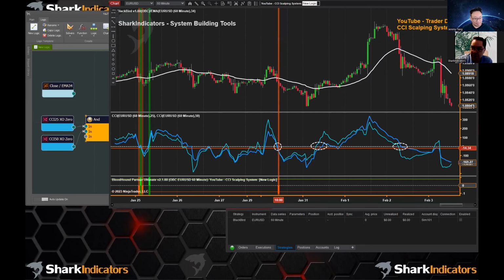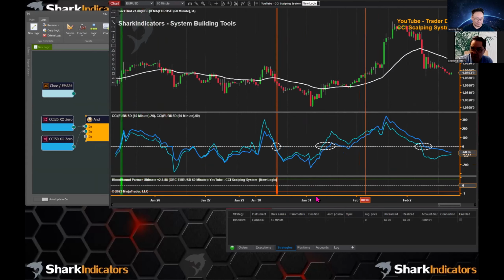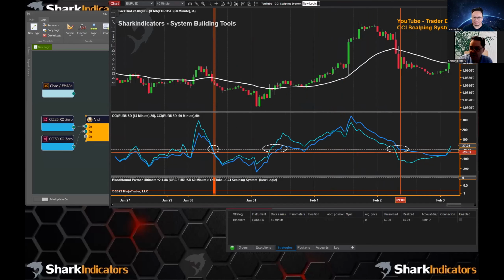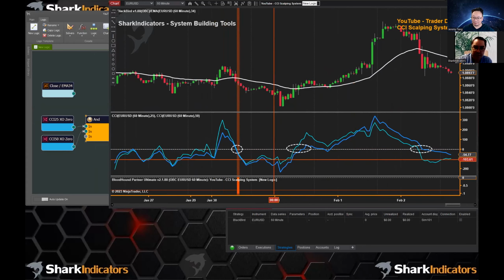This cross down, those CCIs crossed exactly on the same bar, so that was kept. But quite often, because one's fast and one's slow, they don't cross on the same bar. There's a couple of bars of separation between them.